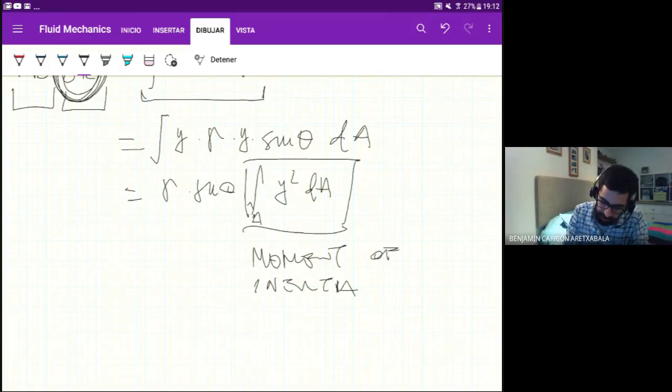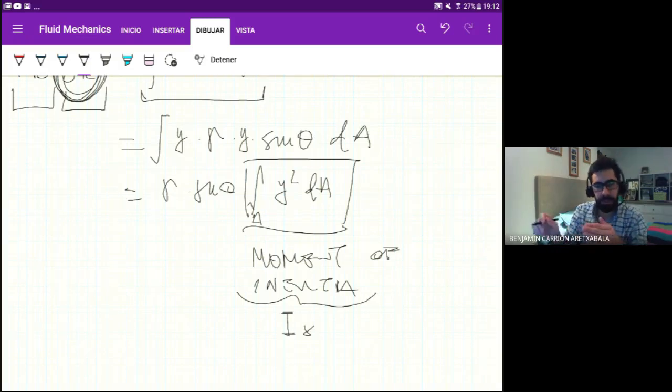So this is going to be Ix, because x is the axis perpendicular to this y that we're defining. Don't worry if this is confusing, because it is, but we'll see it in the next class in more detail.